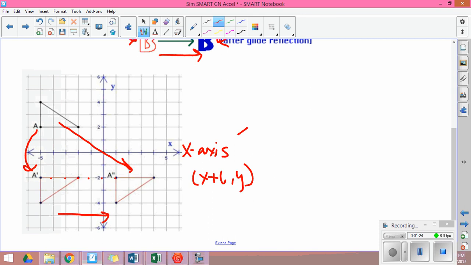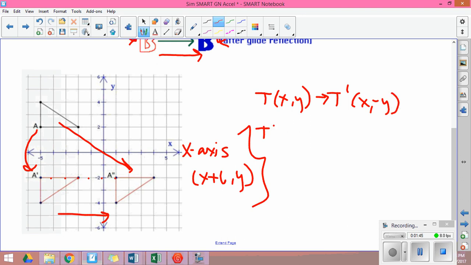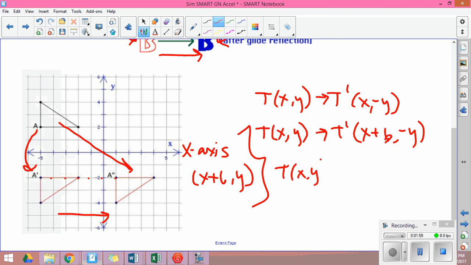We can, in the case of glides, write them as a single transformation. So our reflection over the x-axis rule, if we look at our rules, is going to be (x, -y), and our translation rule, if we think about combining them in a single step, we can do that by adding 6 to x and doing the opposite on y.